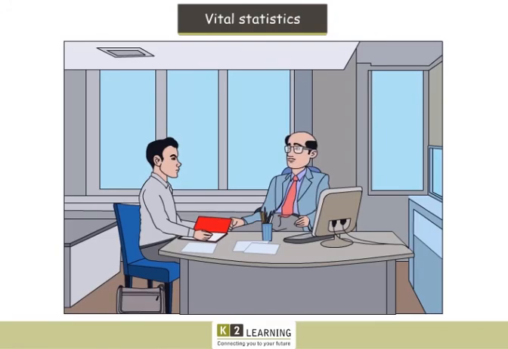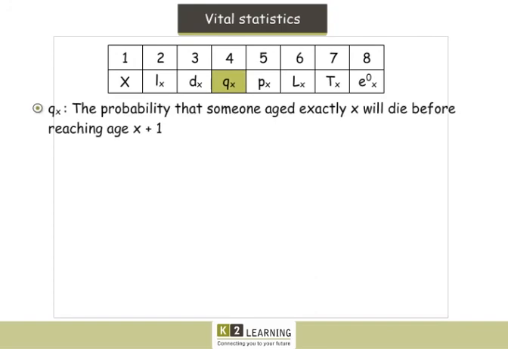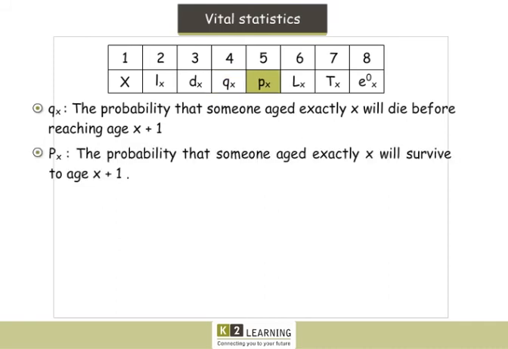Very good. The basic algebra used in life tables is as follows. Qx: the probability that someone aged exactly X will die before reaching age X plus 1. Px: the probability that someone aged exactly X will survive to age X plus 1.